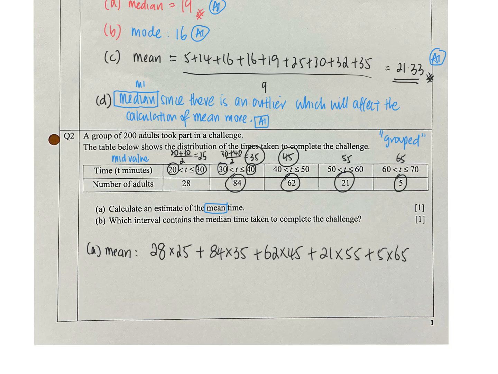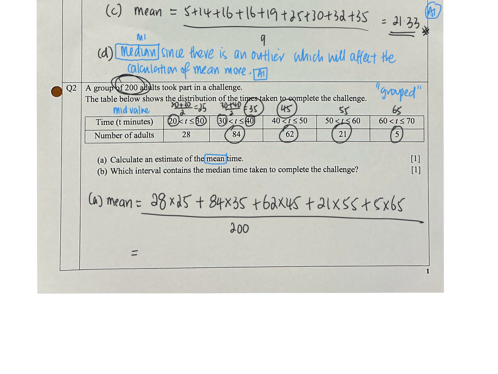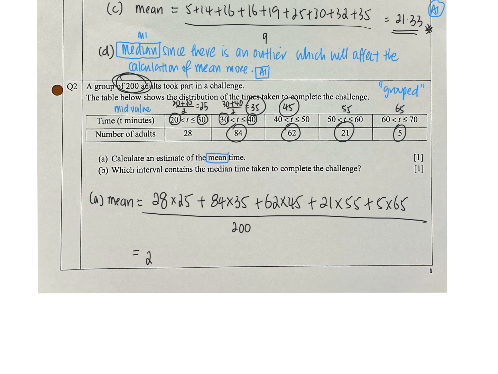So this gives me the total time of the 200 adults. There's a total of 200 of them. So you divide by 200. Okay, so when you see class intervals, you got to be careful in your calculation. What's the answer? 39.55.